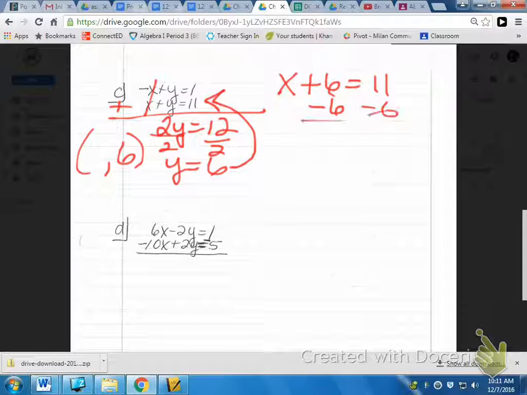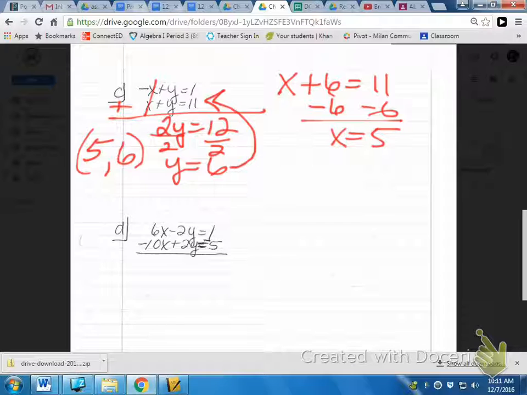Subtract 6, and my x is 5. Now I do want you to know they may not all come out to integers. It might be fractions to make your life a little more fun. It is what it is, okay?